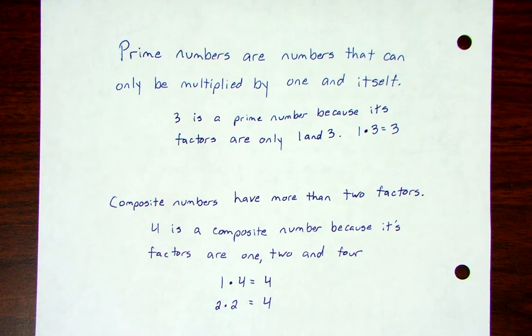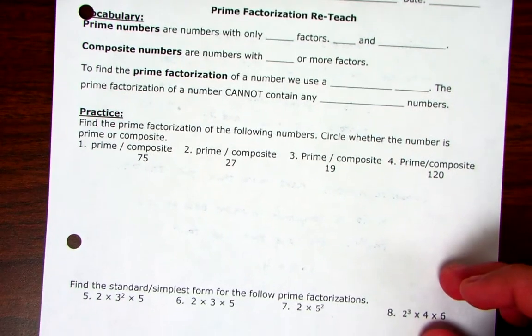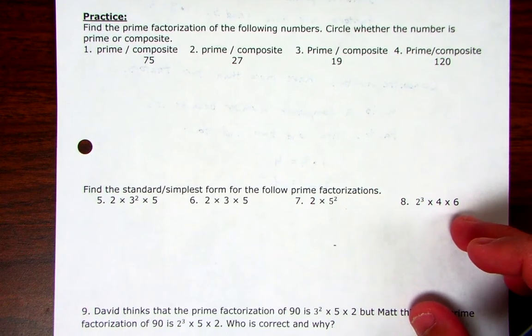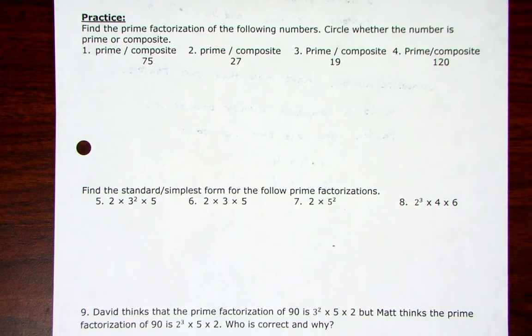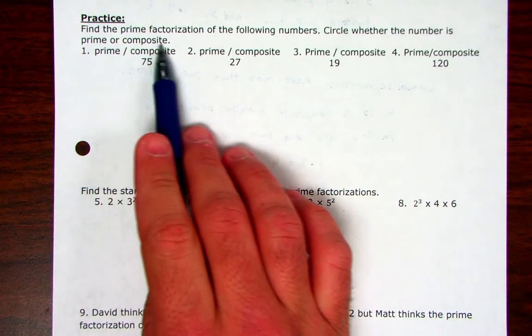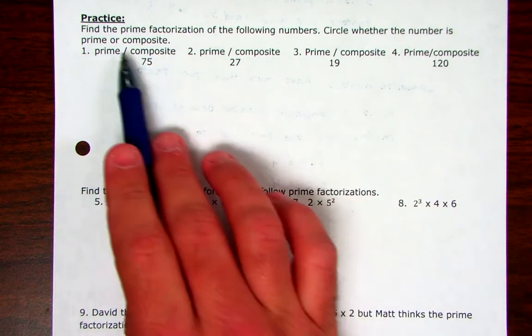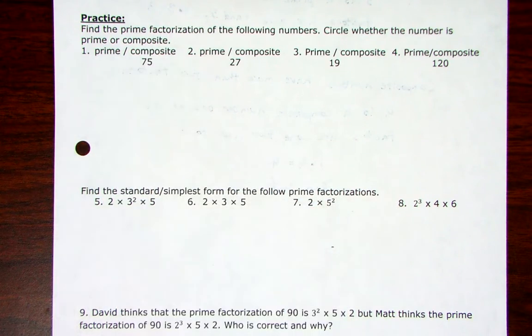Okay, so we're going to flip to the front. These are some examples that we did in class, depending on how we did with our flex grouping. So some of y'all might have seen this paper, some of y'all might not have. Okay, so find the prime factorization of the following numbers. Circle whether the number is prime or composite. So we'll do that at the end.